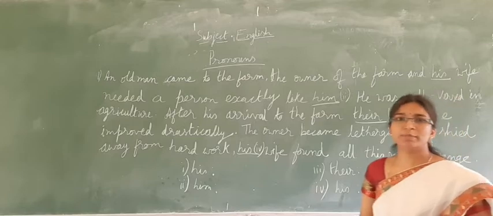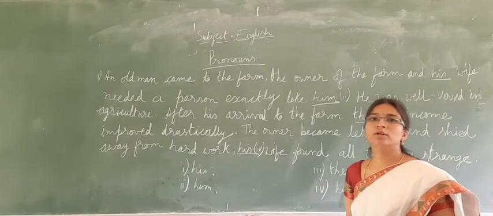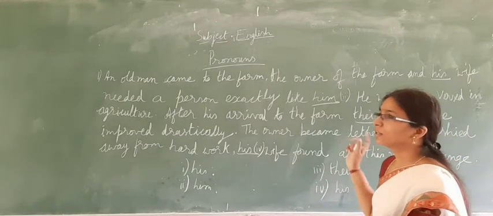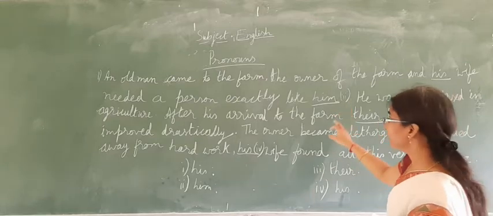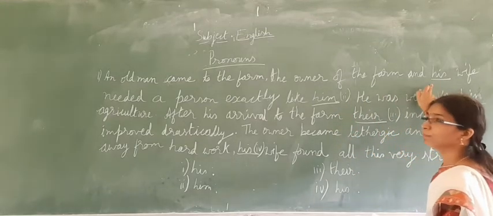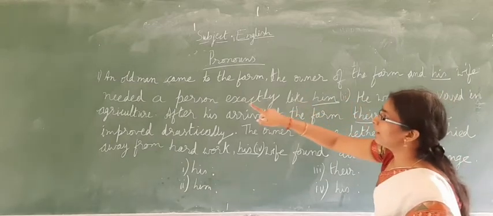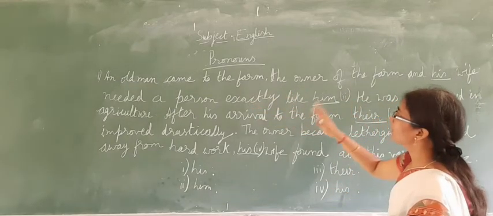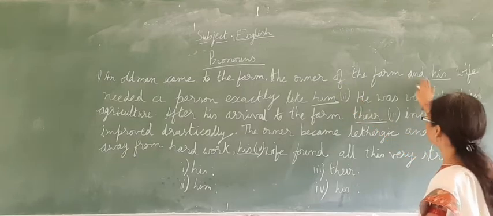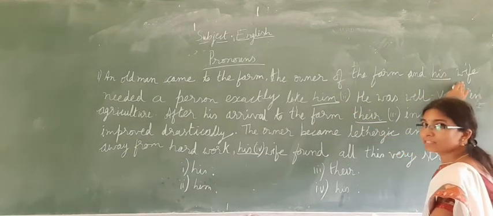You need to write nouns in place of these pronouns. Okay? An old man came to the farm, the owner of the farm, and his wife.